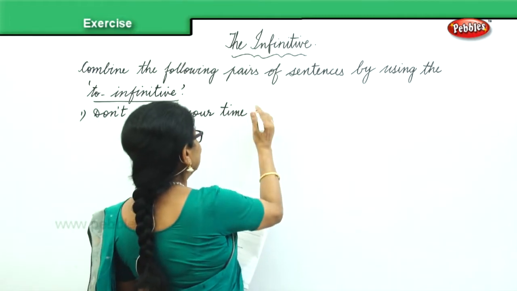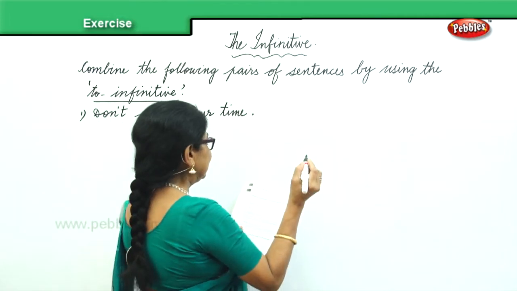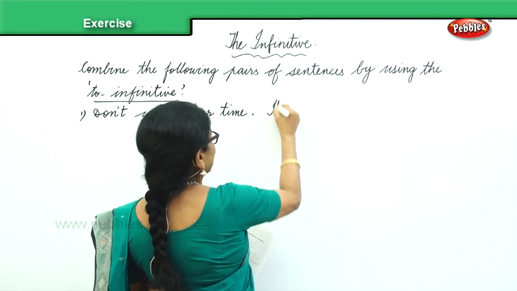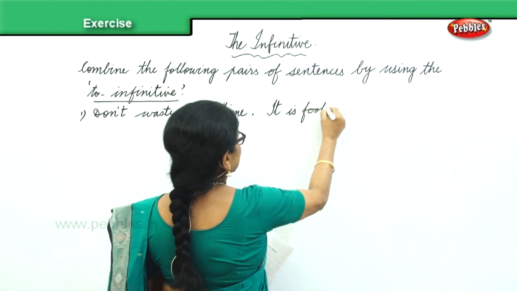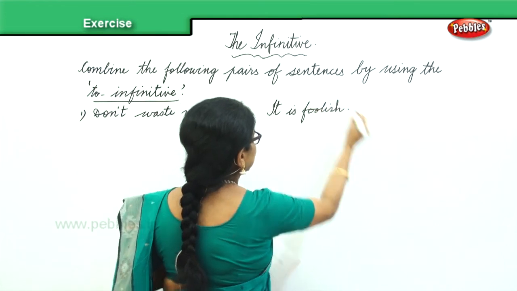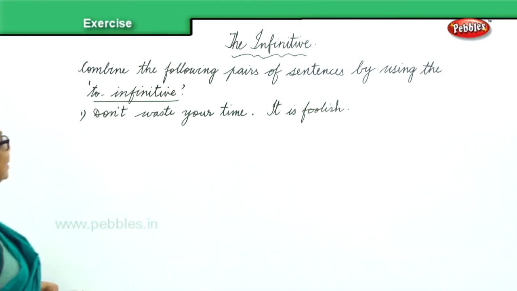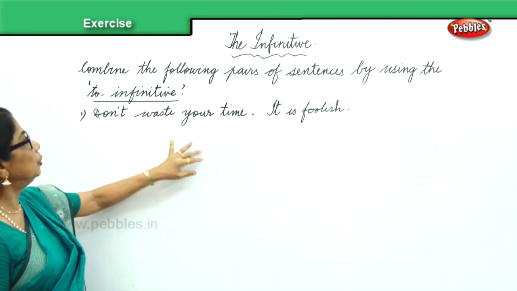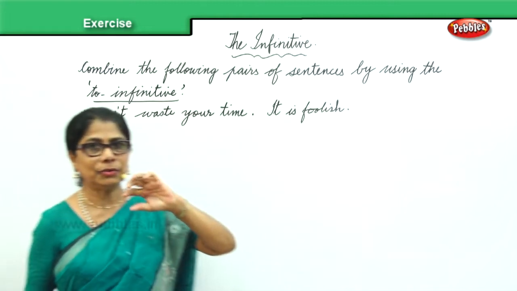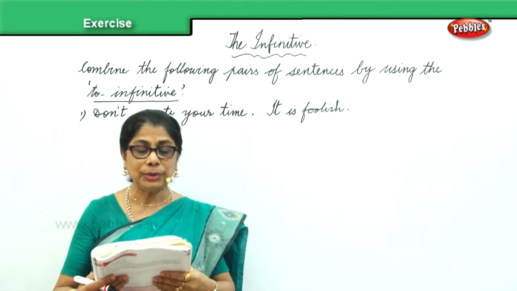Then I have another sentence here: It is foolish. So we have two sentences and we are supposed to combine the two pairs using the to infinitive to complete the sentence. So how will you do it?